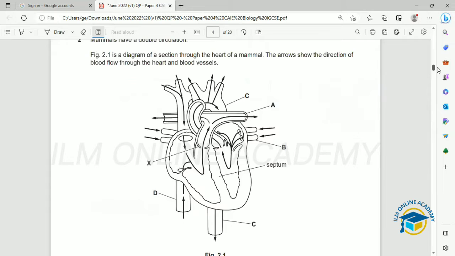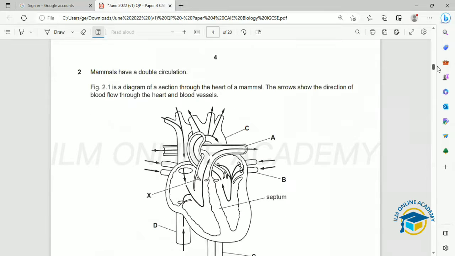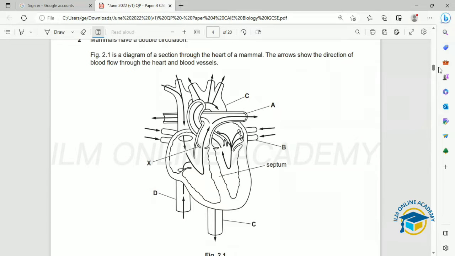Okay. Then mammals have a double circulation, and this is the diagram of a section through the heart of a mammal, and the arrows show the direction of blood flow through the heart and blood vessels. Okay. And you can see in this diagram there are a lot of parts which we need to label. So if we talk about this part, it is aorta. See, this is aorta.